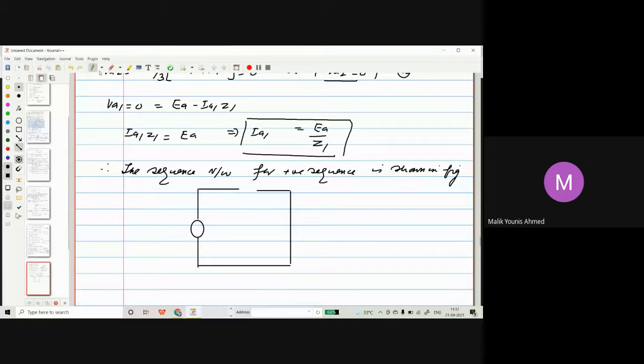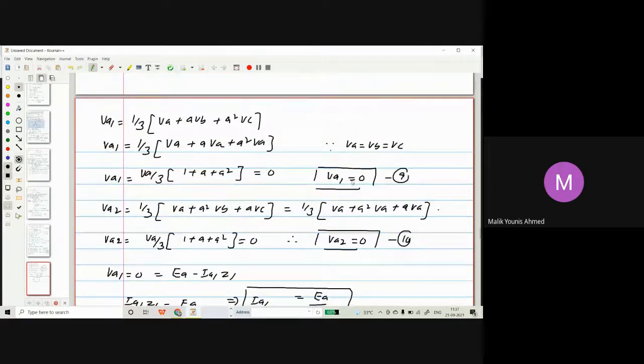So this is EA, we have a voltage source, and this will be the impedance Z1. The current flowing through this will be IA1. If we are going to get, see, this is 0, 0 we are getting, fine.